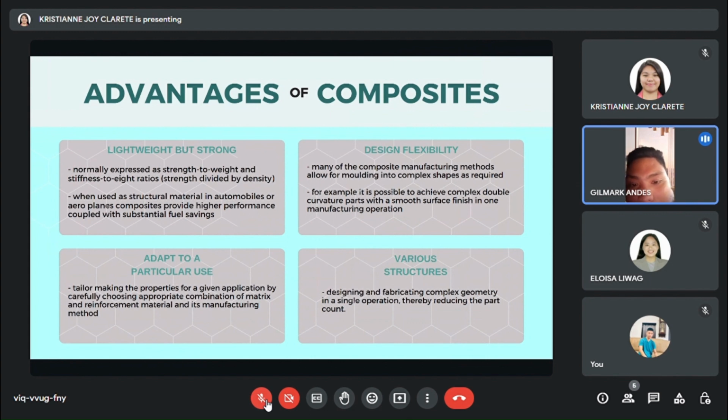When used as a structural material in automobiles or aeroplanes, composites provide higher performance coupled with substantial fuel saving. Lightweight but strong, composites have a high strength to weight ratio. Perhaps the biggest advantage of composites is their high strength to weight ratio.